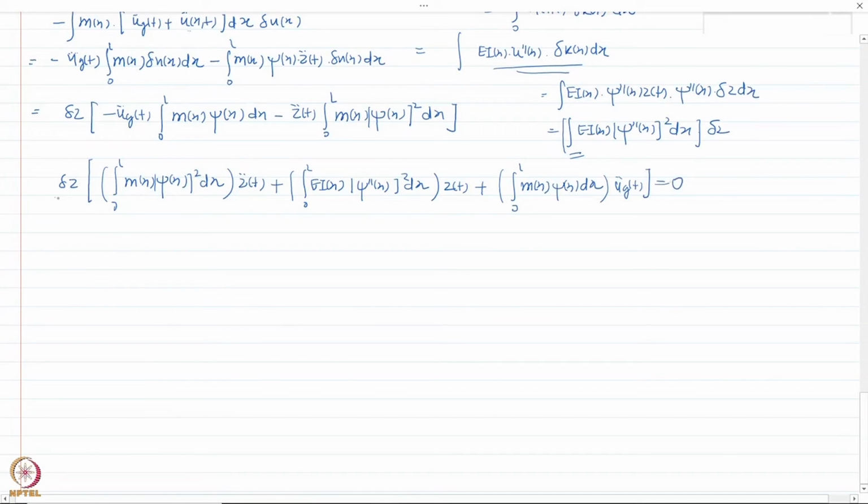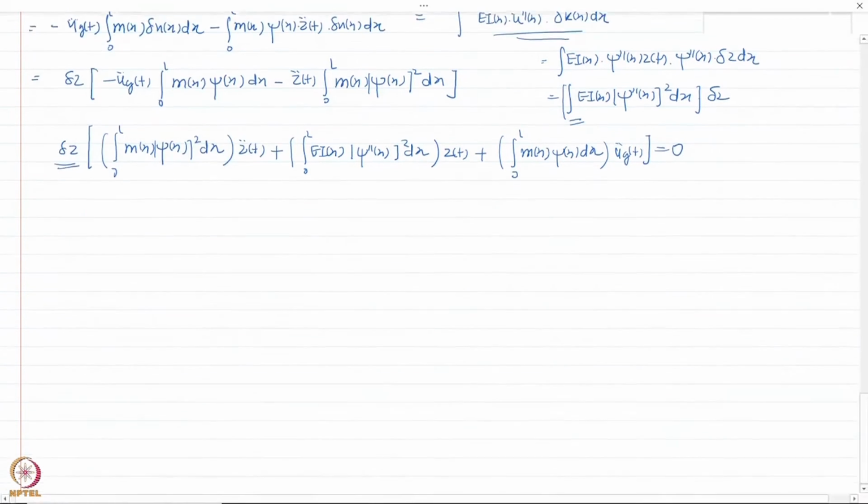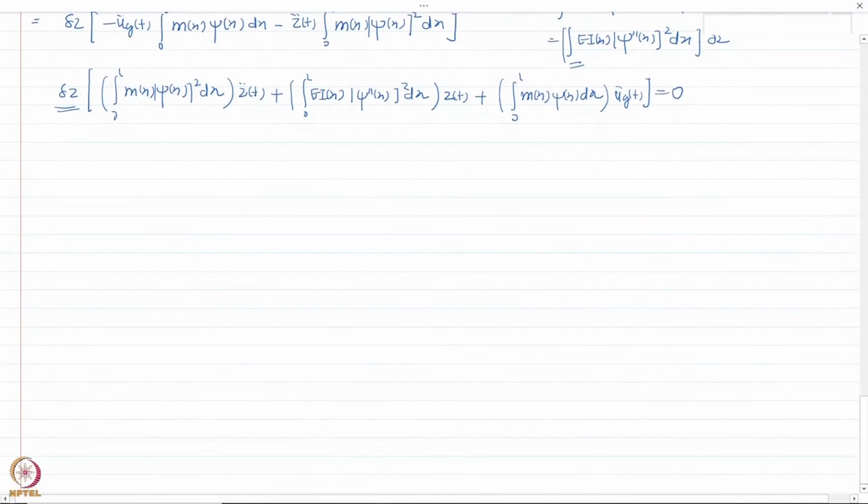Now I know that my virtual displacement del z cannot be equal to 0 because I have assumed it to be a finite virtual non-zero displacement. So what I'm left with is the expression inside the bracket being equal to 0. Let me now have a careful look at the terms inside this bracket.